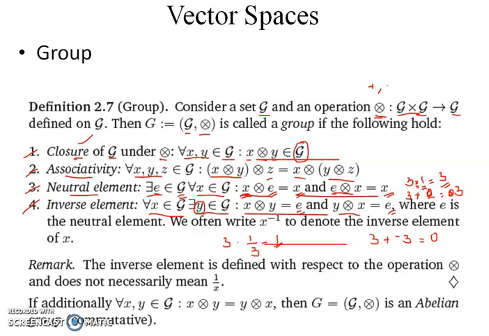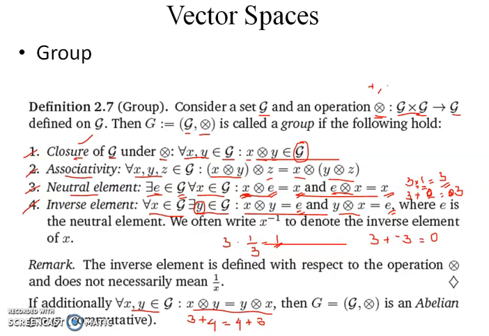So these are the 4 cases in which we can say that a given set belongs to a group. In addition to these 4 cases, if the set satisfies the commutative property, that is x operation y gives the same result as y operation x for all x and y elements of G, which means 3 operation 4, if I take some addition or multiplication, should result in the same result as 4 plus 3.